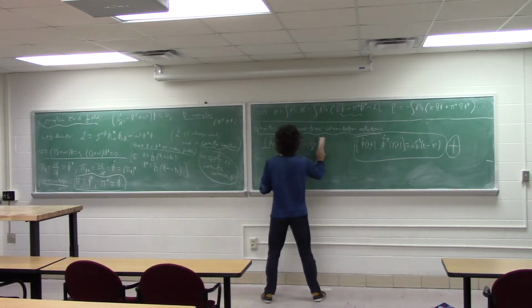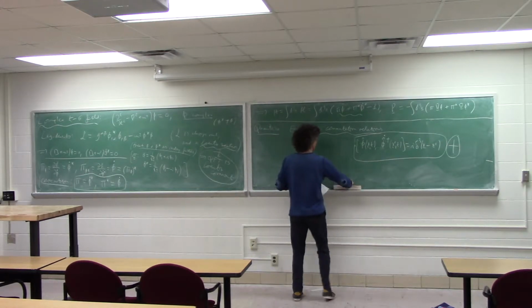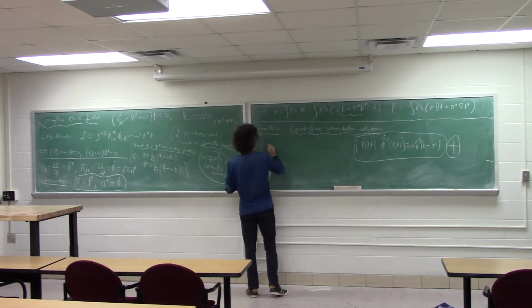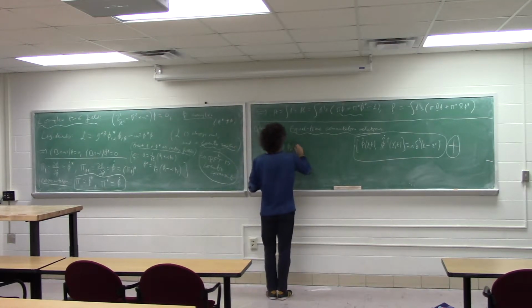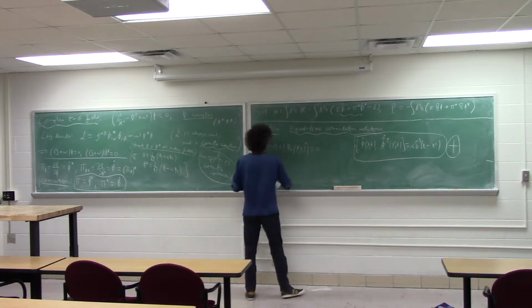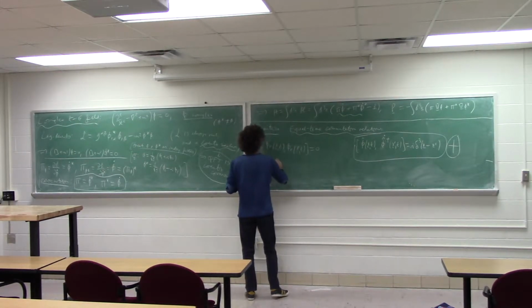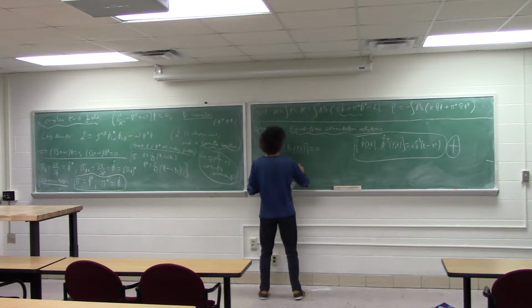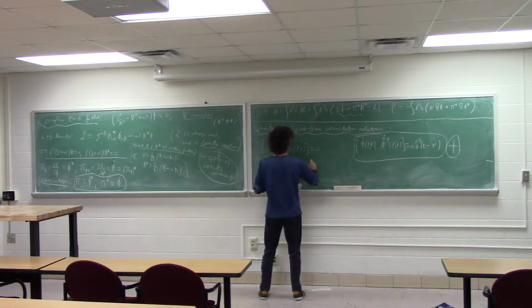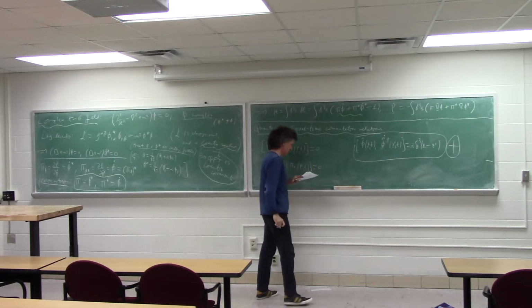So we've got this. And of course, the canonical commutation relations also say that phi R commutes with itself, and the pi R's, the canonical momenta, commute with themselves.